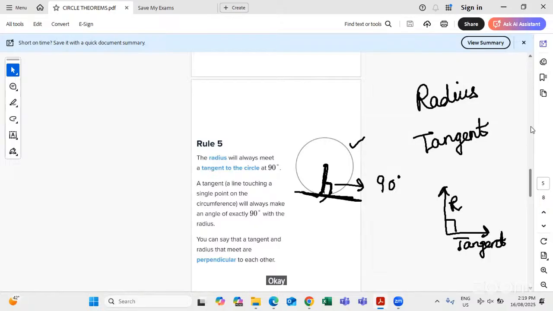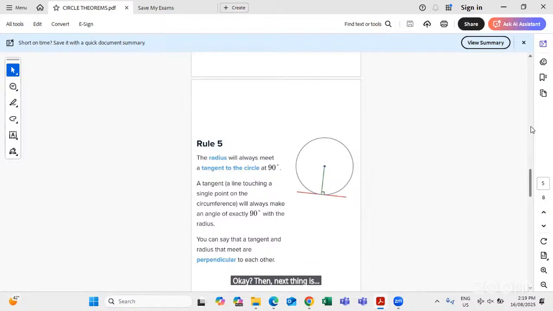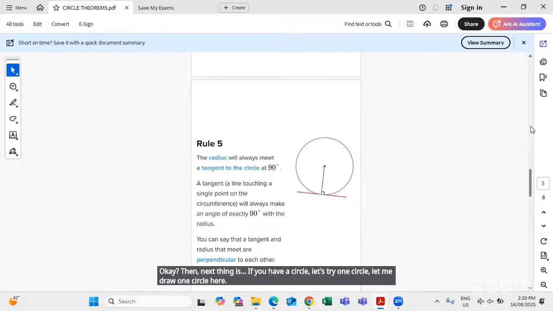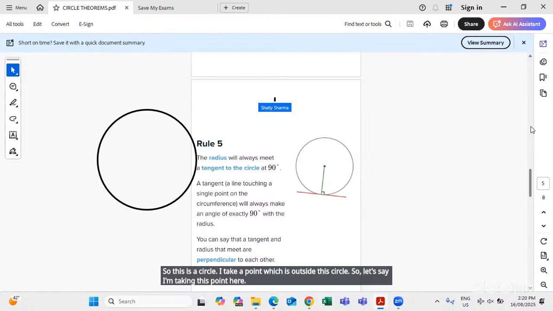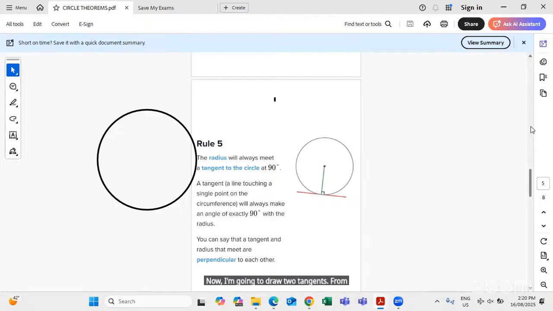Okay. Then the next thing is, if you have a circle, let me draw one circle here. So this is a circle. I take a point which is outside this circle. So let's say I am taking this point here. Now I am going to draw two tangents from this particular point. Tangents are the lines which touch the circle at exactly one point.